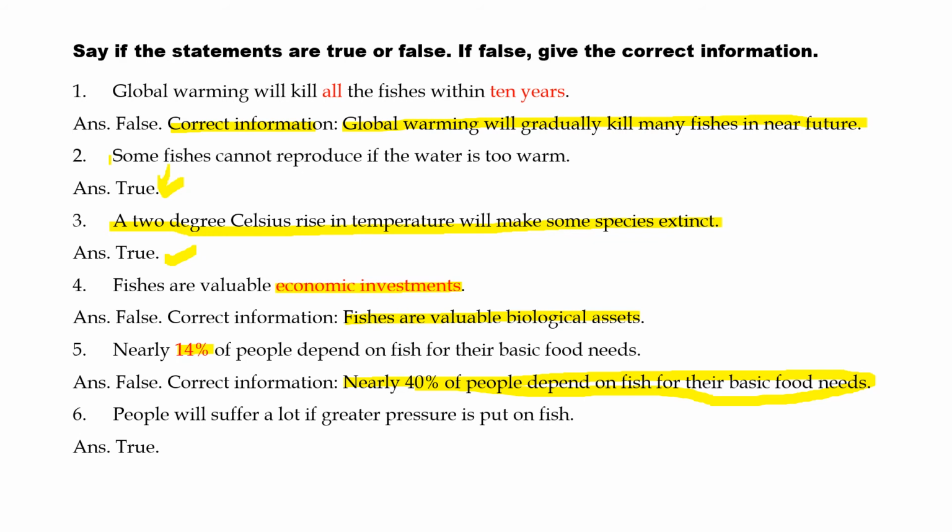Is this true or false? This is obviously true because the overall message of the text was that if we keep polluting our rivers or water sources, then ultimately we will suffer a lot because the water pollution will gradually pollute our fish population in the river, oceans, lakes. So the statement is true.